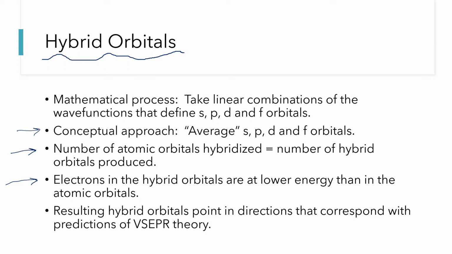Because bonds form because it allows the whole system, the electrons and the atoms, to reach a lower energy situation. And it turns out when we do this process correctly, the hybrid orbitals that we produce line up with the geometries predicted by VSEPR theory.